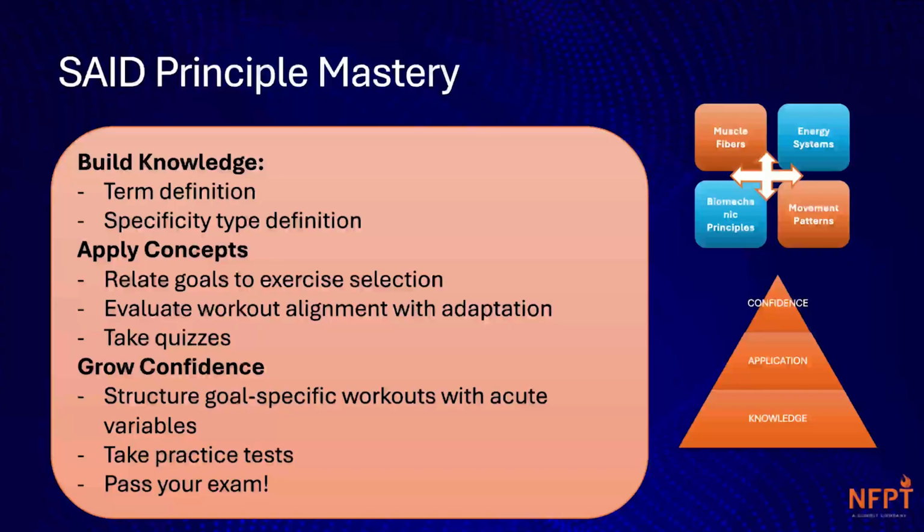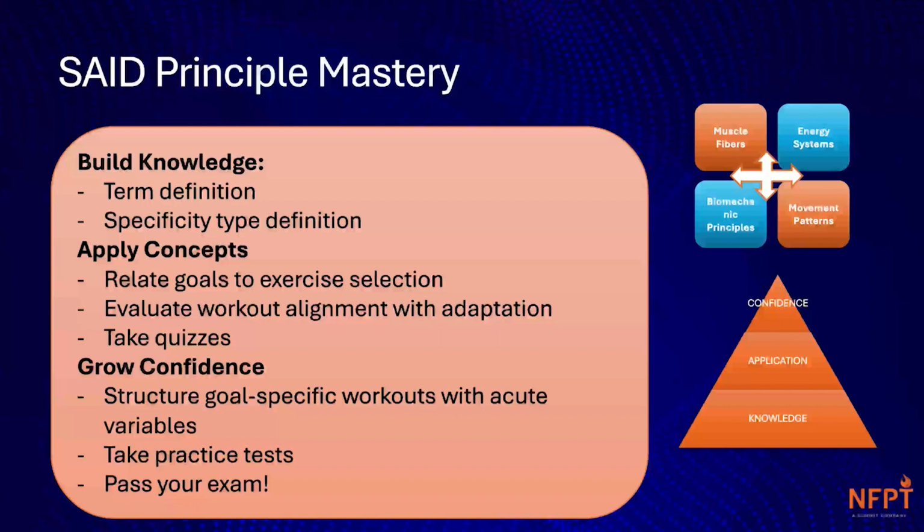And you can also start evaluating the workout alignment maybe you have for yourself with the adaptation that you're trying to achieve. And then lastly, in order to apply these concepts, you want to be taking those chapter quizzes. That's going to give you practice applying this information. And then lastly, as you progress into confidence, what you'll be doing is you'll be structuring goal specific workouts with acute variables.